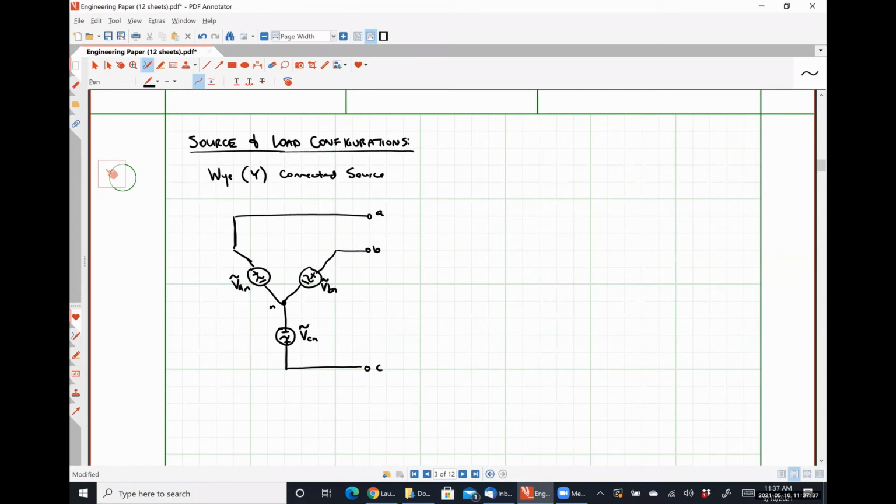Okay. This is probably the most common way to draw this particular configuration because you can easily see why it's called a Y-connected source, okay?